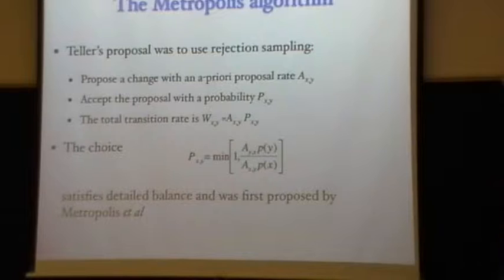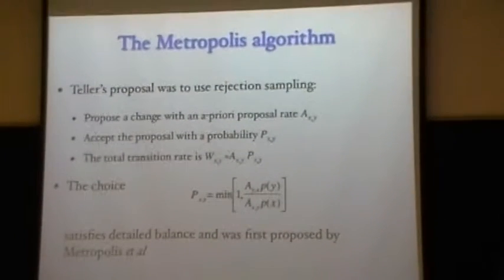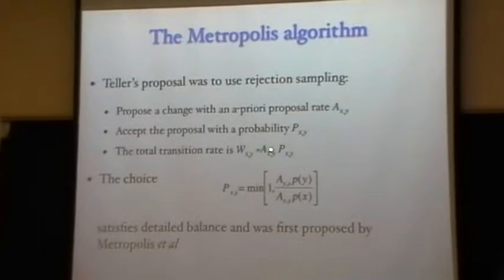And then I say, okay, I want to step here, but now I have to check whether I actually want to go there or not. So I want to accept the proposal only with the probability P_xy, so that we end up with a total transition rate that is the product of the two, A_xy times P_xy.